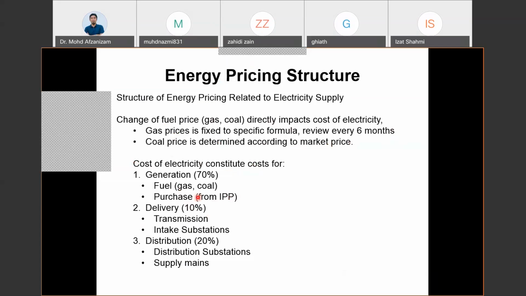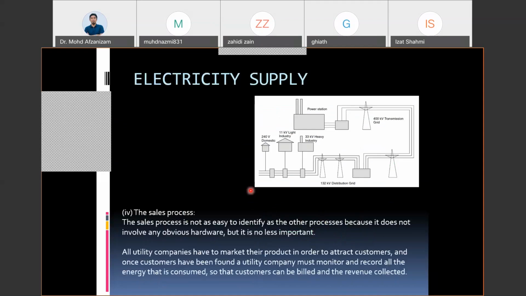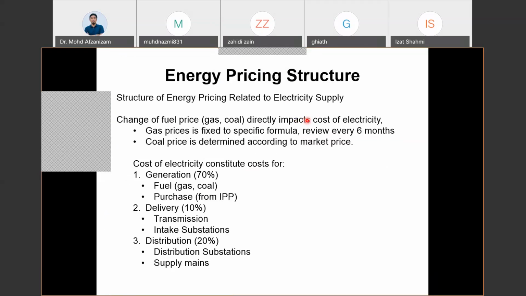And then the cost of electricity constitutes the cost for generation. Generation means the power production, and the delivery means the transmission, from the main grid to the smaller grid.